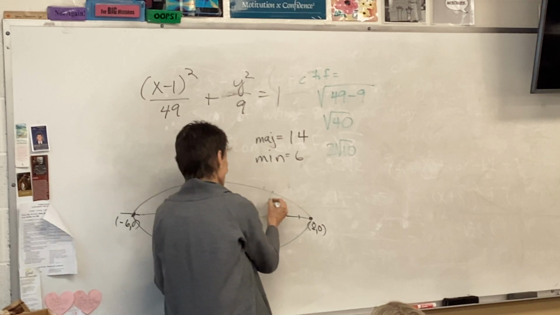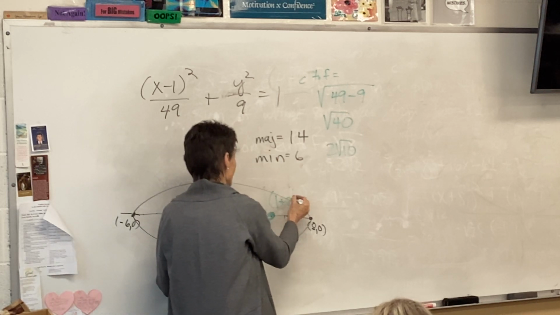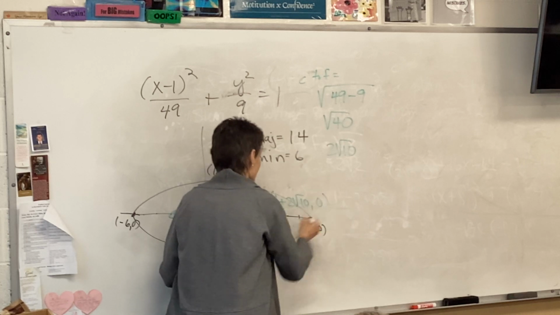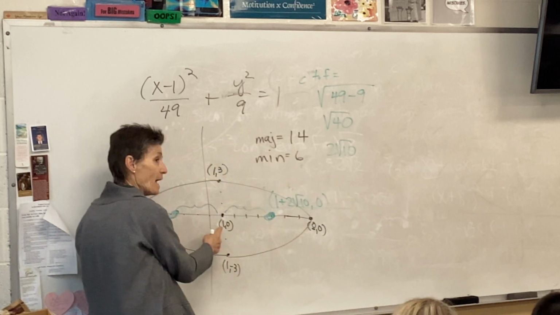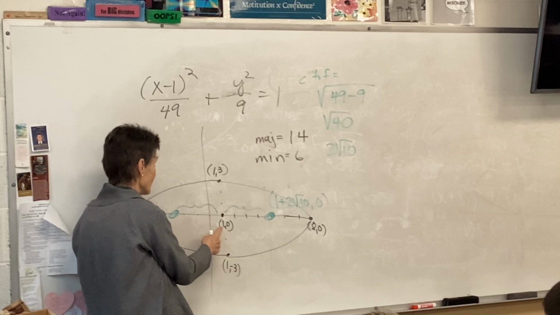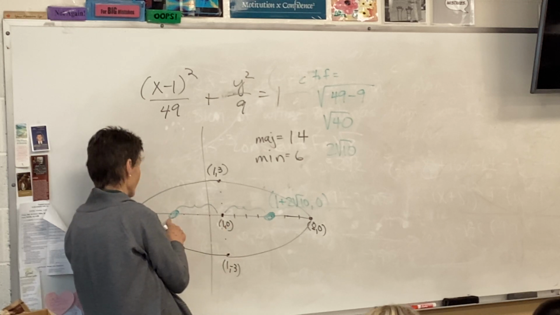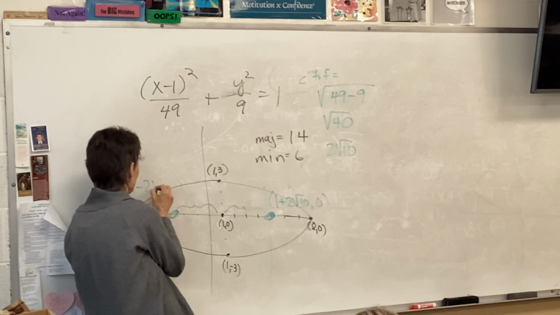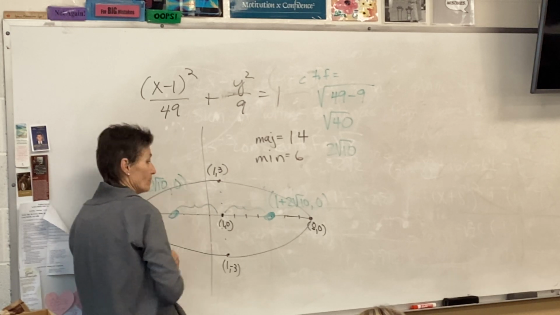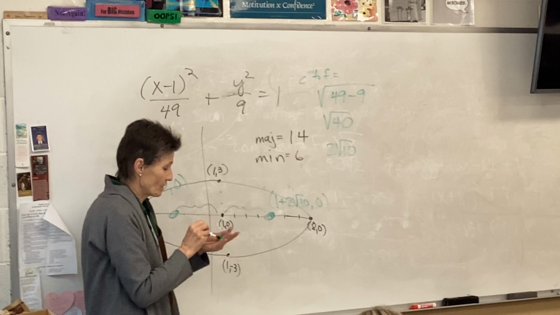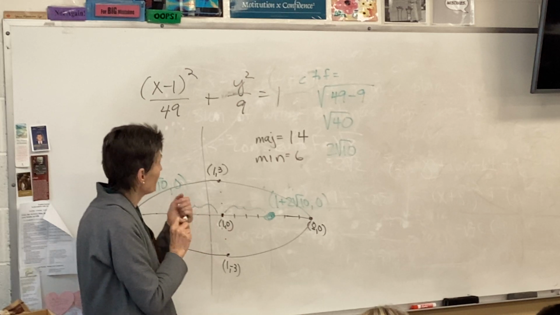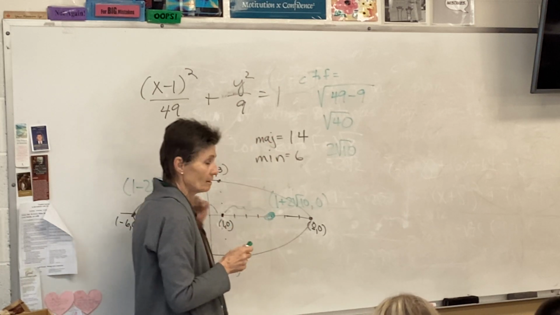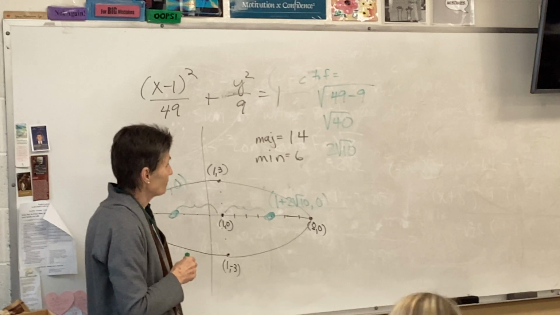So this point is going to be 1 plus 2 root 10, comma 0. I simply add 2 root 10 to my X. And then what will I do when I come back here? 1 minus 2 root 10, comma 0. So I find my distance to my focus, and I add and subtract that from the center.